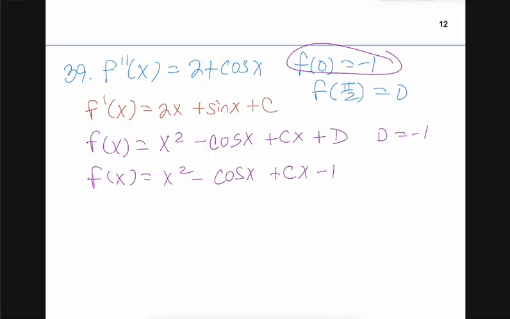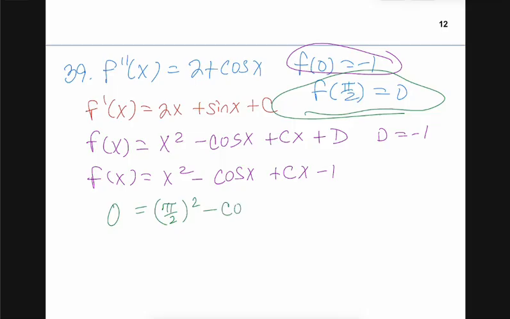Everybody with me there? Now, you can tell we haven't used this. If I plug in pi over 2, I should get 0. So this is going to be pi over 2 squared minus the cosine of pi over 2 plus c times pi over 2. Now, cosine of 90 is 0, so that's just 0. So that's going to be pi squared over 4 plus pi over 2 times c.